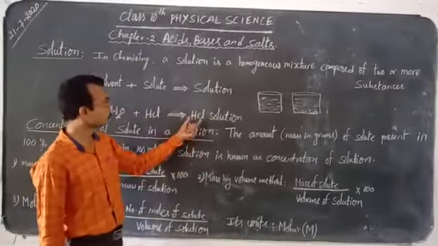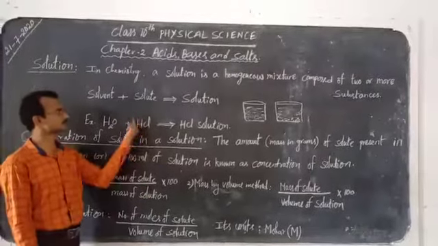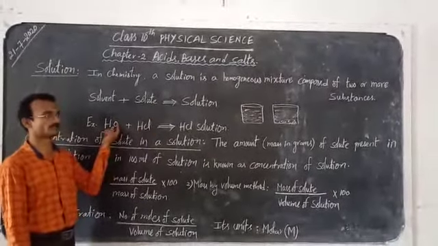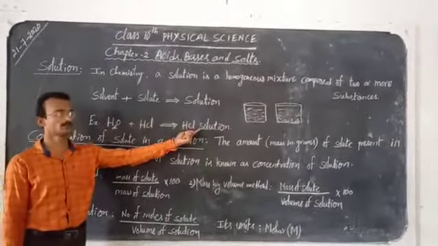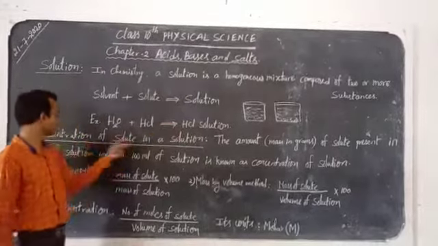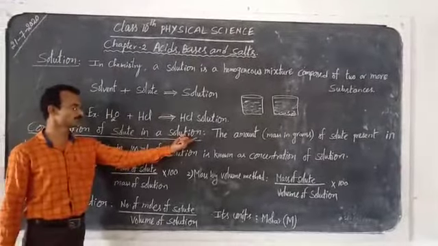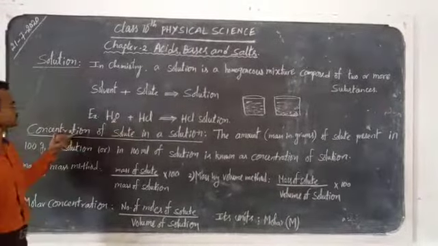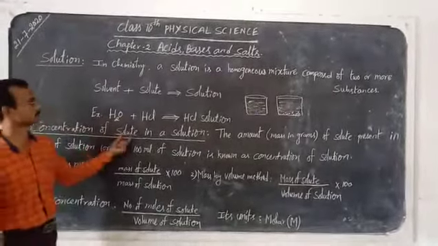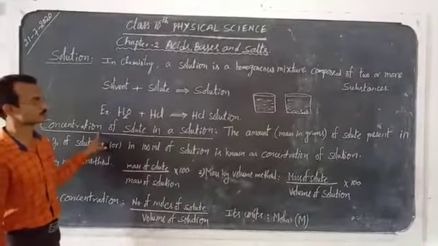Now the concept is how much solute is added into the solvent. To measure the quantity of solute present in a solution, we have the concept of concentration of a solute in a solution. In a solution, how much solute is present? That is what we call the concentration of a solution. What is the definition of concentration of a solution?